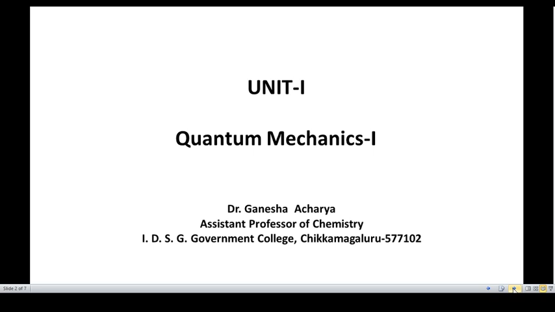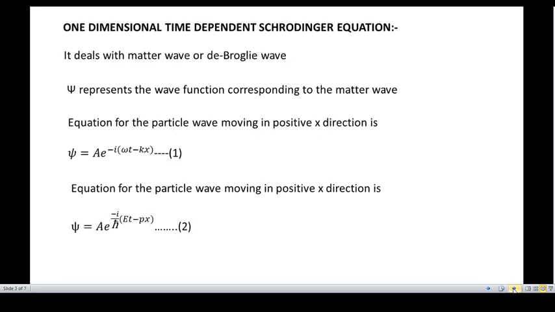Now, as an introduction, we shall have a discussion on the one-dimensional time-dependent Schrodinger equation. It is an important equation in quantum mechanics. So, it actually deals with the matter wave or de Broglie wave.